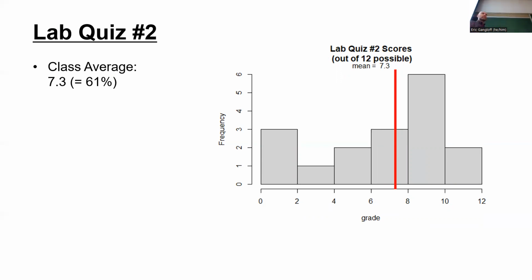Think about your lab score. Remember, the lab component is by far the hardest part of this class for sure, but it is worth a substantial amount of your grade as well. So maybe think about how you prepared for this quiz and what you can do moving forward. One thing to keep in mind is that the way the quizzes are submitted, I have your answers. So if you want to know exactly which ones you got right and wrong, we can just check in next week in lab or during open hours.